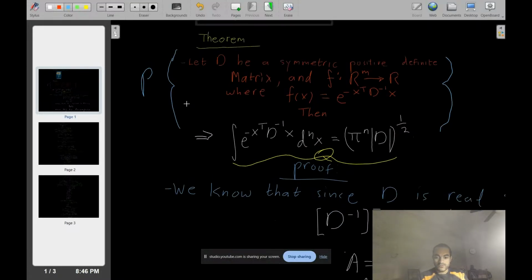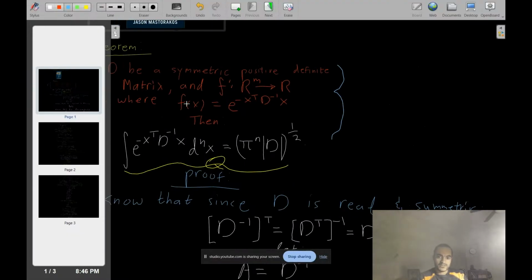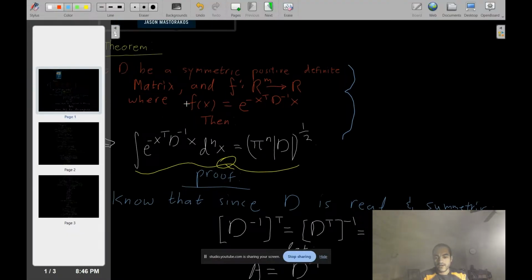All right, so for the proof, we know that since D is real and symmetric positive definite, then D inverse transpose has to be equivalent to D transpose inverse. This is a matrix property from linear algebra: D inverse transpose equals D transpose inverse. But then that's equal to D inverse. Why?